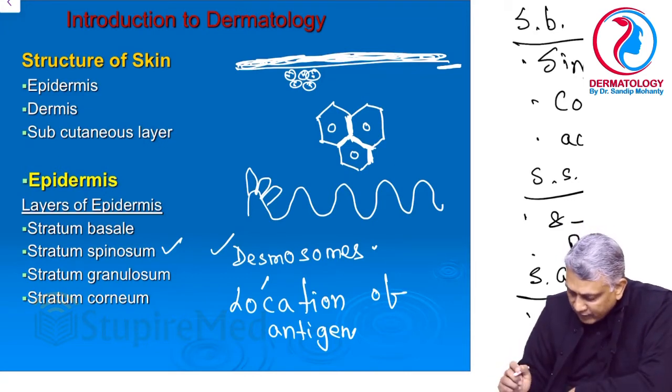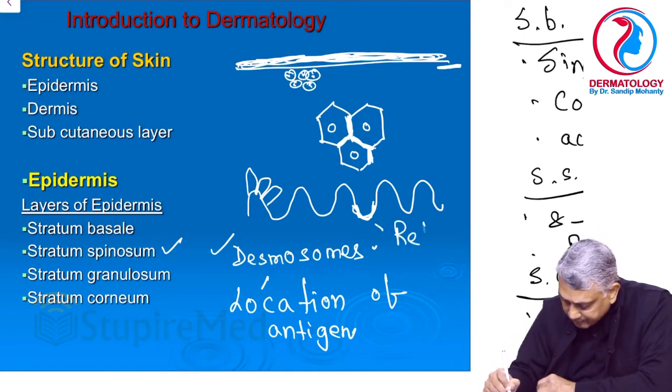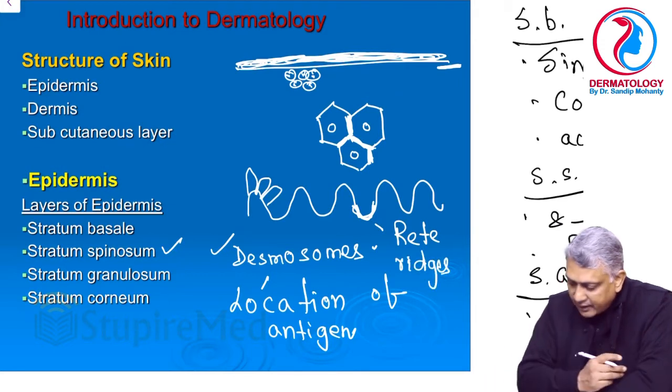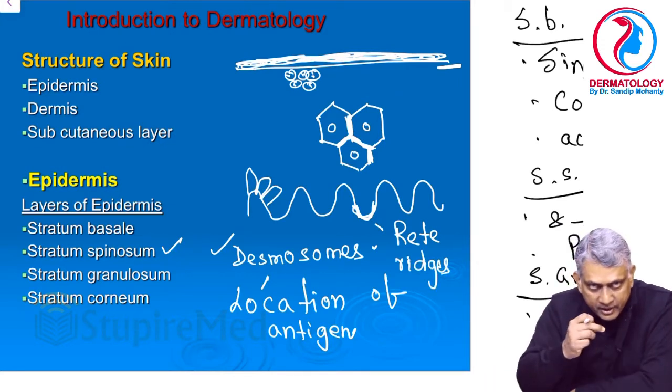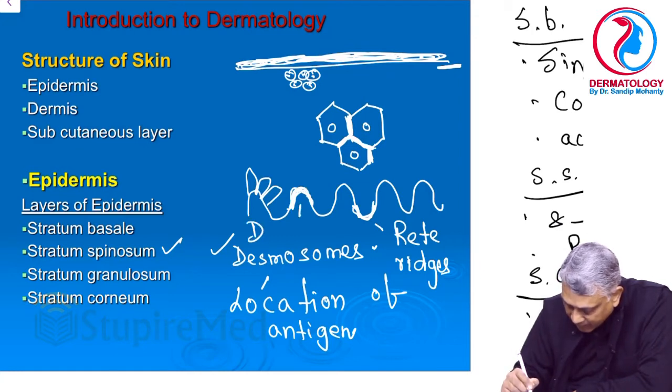What else to know? Few other terminologies to know. The portion of the epidermis going below into the dermis is known as rete ridges. Rete ridges are the portion of the epidermis going into the dermis, and the portion of the dermis going up is known as dermal papilla.